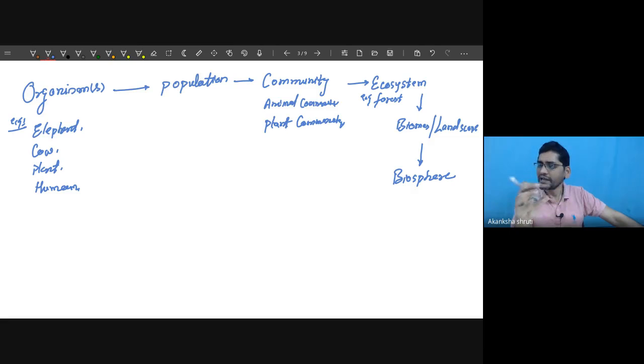Not only the lion, even the plants over which deer and other herbivorous organisms survive. And these herbivorous organisms are eaten by carnivorous animals like big cats, tiger, leopard, etc. After that, the tiger or the lion. So in the forest, mutual dependency is there.